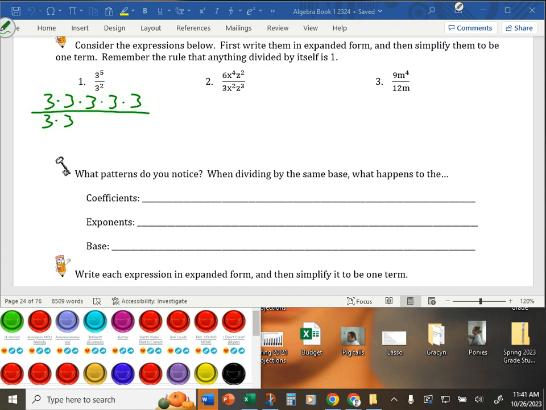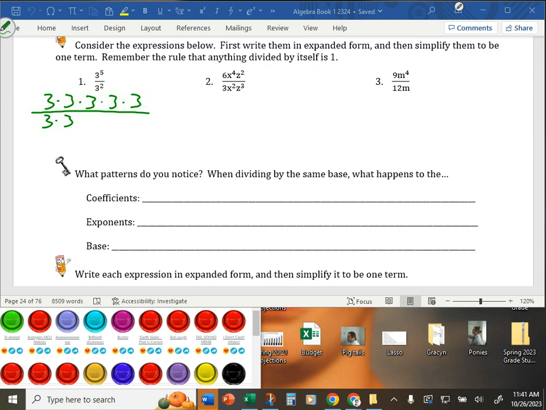Because our job now is to simplify this. Okay? And think back to when you first learned about division, 4th grade, 5th grade, whatever it was. There's a rule that you learned regarding something divided by itself. Doesn't it always equal 1? Yes. Anything divided by itself equals 1.